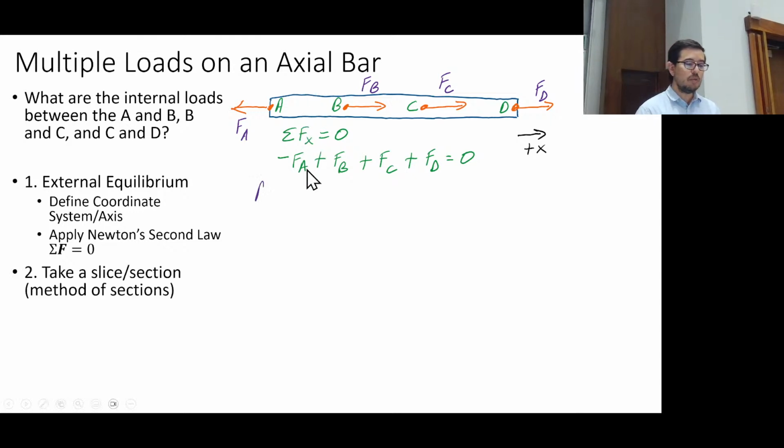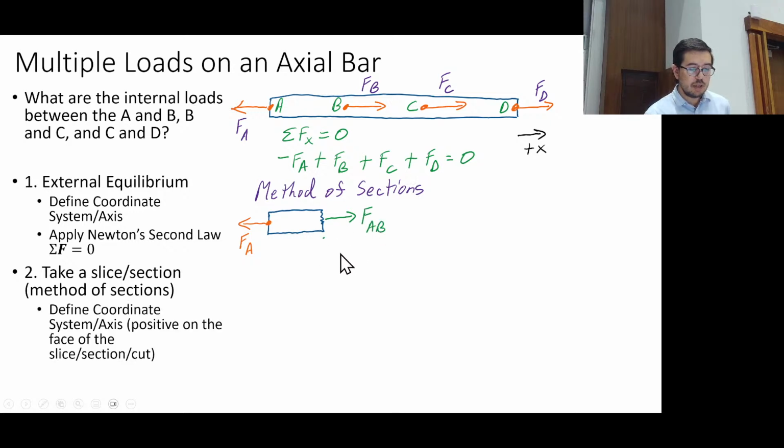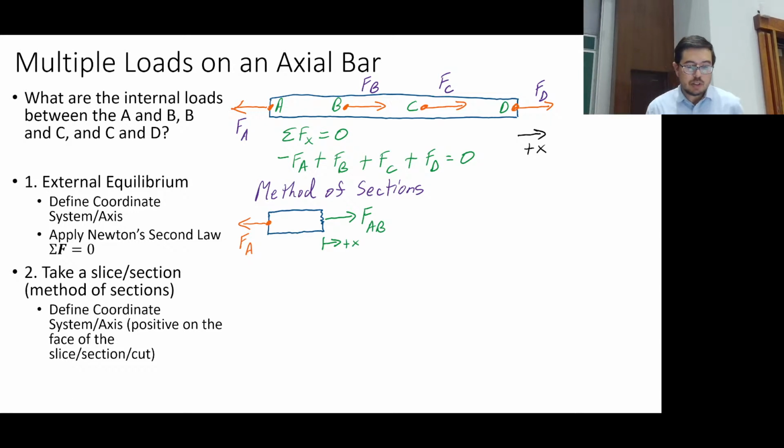Well, we're going to take a slice. We're going to use our method of sections, method of slices. Again, we're going to define a coordinate system. So we draw it and we define a coordinate system, which we can say is going to be like this, plus x. And we can then, at this point, just do the math.